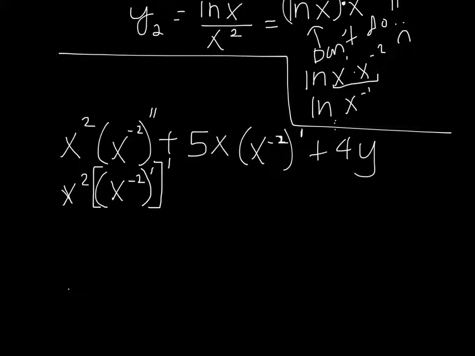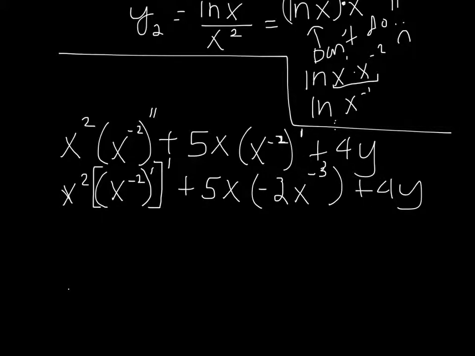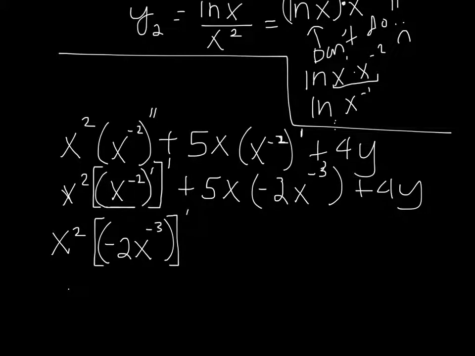So we have plus 5x, and the derivative of x to the negative 2 is negative 2x to the negative 3, plus 4y. Okay, so we have x squared, and the derivative of this is negative 2x to the negative 3, and I still have to take the second derivative.